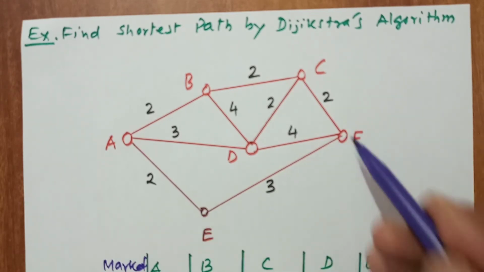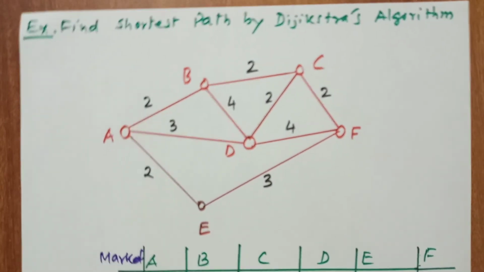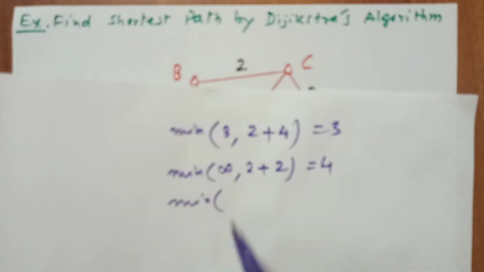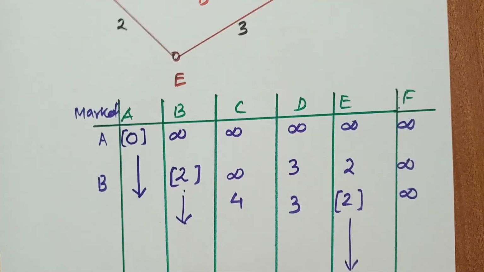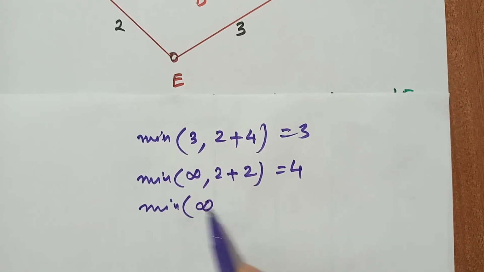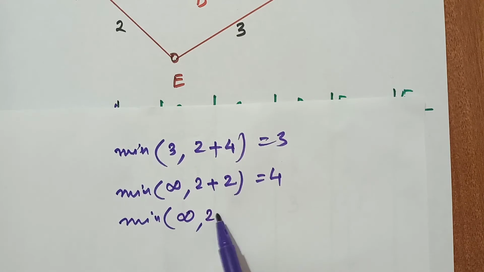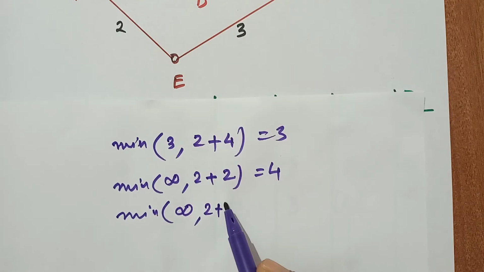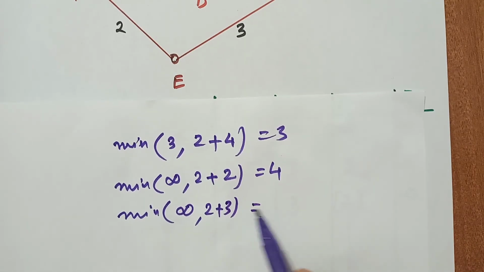So E to F. What is the formula? The minimum of the old value. What is the old value of F? The old value of F is infinity. What is the marked value? The marked value is 2. So 2 plus what is the weight? E to F is 3. So infinity and 5. The minimum is 5.